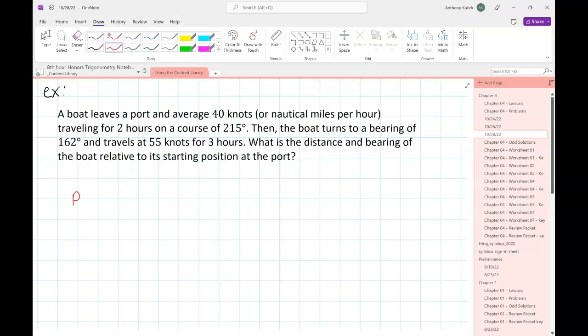Okay, so let's write down some information. In part 1, our speed is 40 knots. The time is 2 hours. And then my course is 215 degrees.